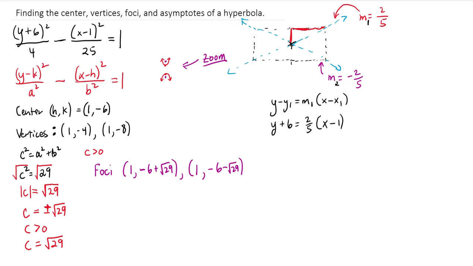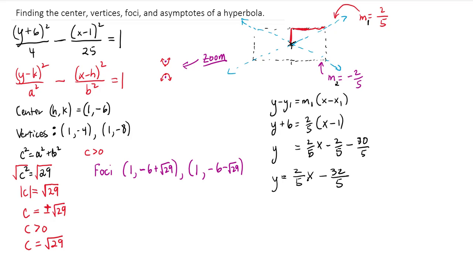Typically, we would like to write this in y equals mx plus b form, so let's do that. We're going to subtract 30/5. So we have one asymptote to look like this: y equals 2/5 x minus 32/5. So there's one asymptote.